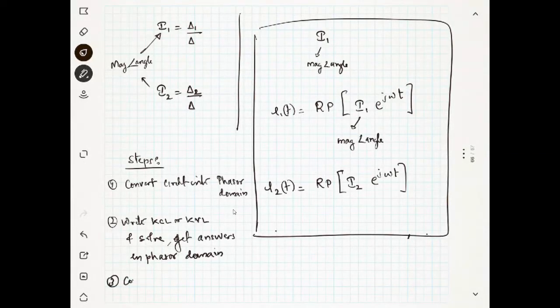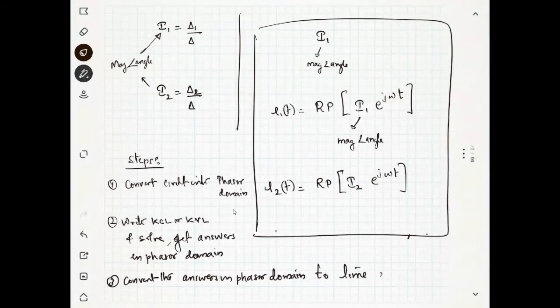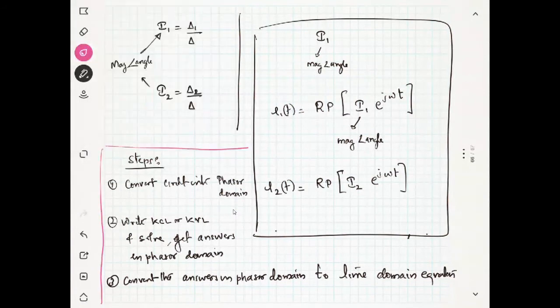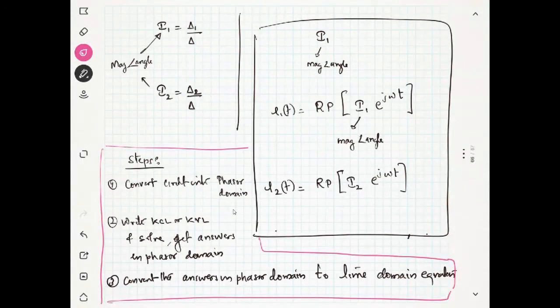Then convert the answers in phasor domain to your actual time domain equation. You understand? These are all the steps. The remaining things are as we have discussed in DC analysis. You can use these steps for solving any circuit.